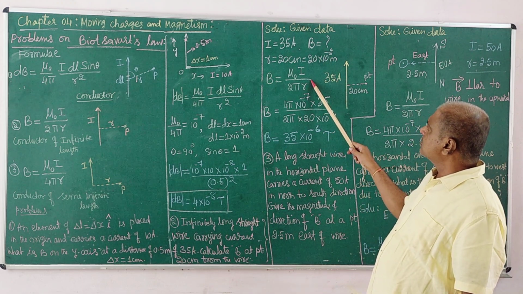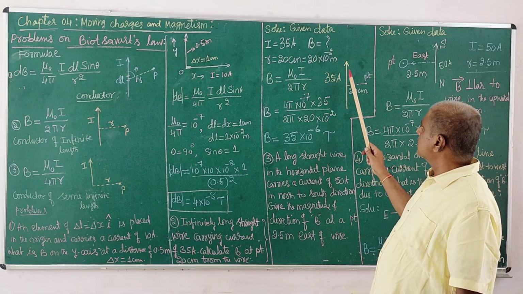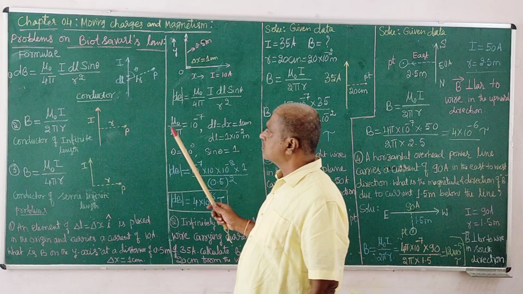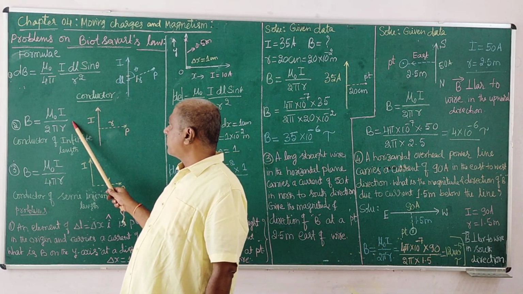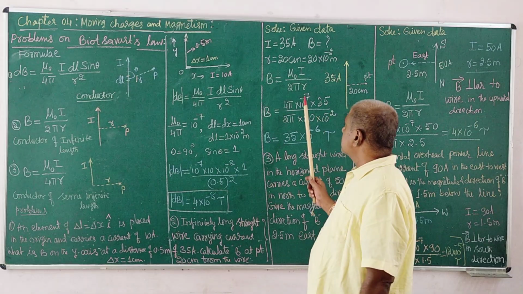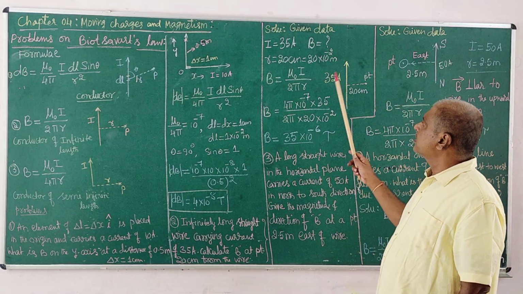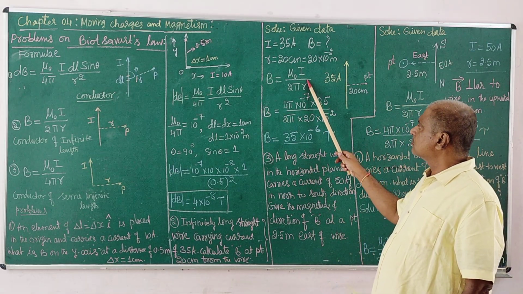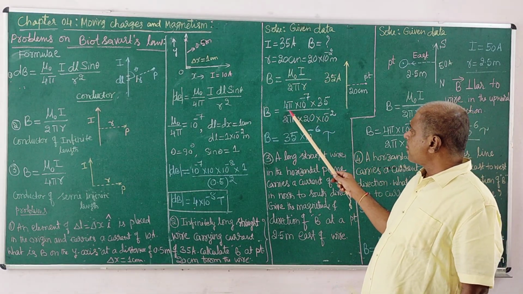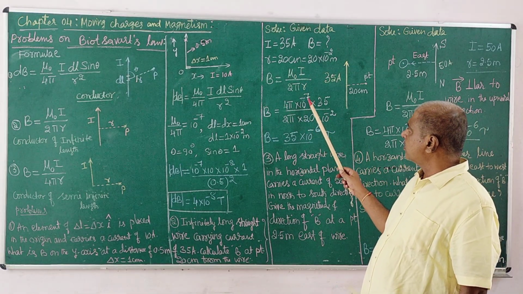Write the equation. What is the equation? That is for the infinitely long straight wire. The equation for a conductor of infinite length is B, that is this equation. Write the equation and substitute into the equation. Mu naught equals 4 pi into 10 to the power of minus 7.